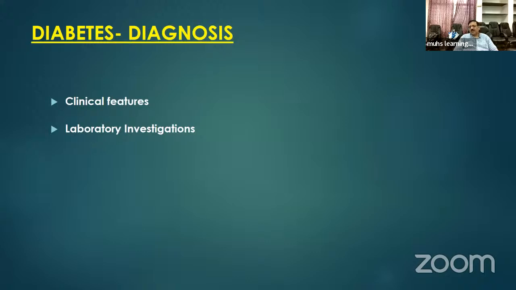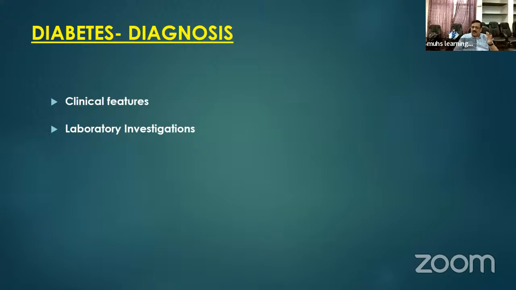And laboratory investigation, there are clear guidelines, which I will come to, how to diagnose them. So first and foremost thing, don't only jump to the laboratory. Think clinically also. The clinical index will make your diagnostic accuracy far higher than the vice versa.